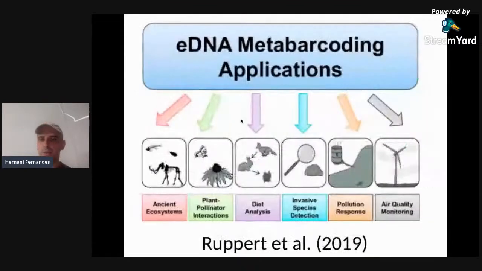So there's a range of different possibilities where we can use DNA barcoding, especially molecular methods, to study not only interactions between species, but also to answer ecological questions in many different kinds of contexts worldwide.